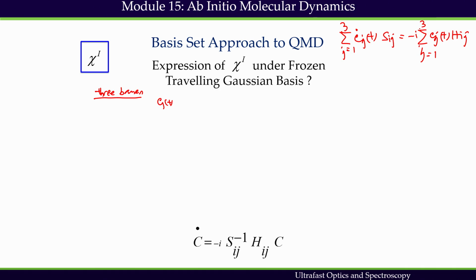In that case, one can write down c1 dot S11 plus c2 dot S12 plus c3 dot S13 equals minus i times (c1 H11 plus c2 H12 plus c3 H13).